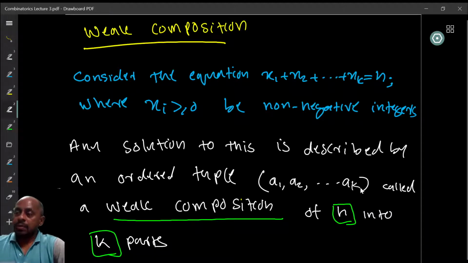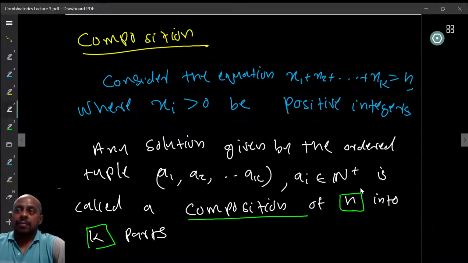Our ultimate aim is to count the number of possible weak compositions here. But before that, let us also look at a slightly different definition, where we require xi to be strictly greater than 0, that is, xi cannot be 0. So you have exactly the same equation, x1 plus x2 plus etc. xk is equal to n, where the xi's are positive integers.